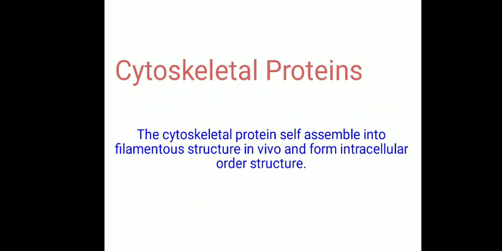It has been studied that bacteria contain a number of cytoskeletal proteins similar to those found in the eukaryotic cell. प्रोकैरियोटिक सेल में जैसे cytoskeletal proteins present होते हैं, similar cytoskeletal proteins are present in the prokaryotic cell or the bacterial cell. These are homologs of the three important eukaryotic cytoskeleton proteins.